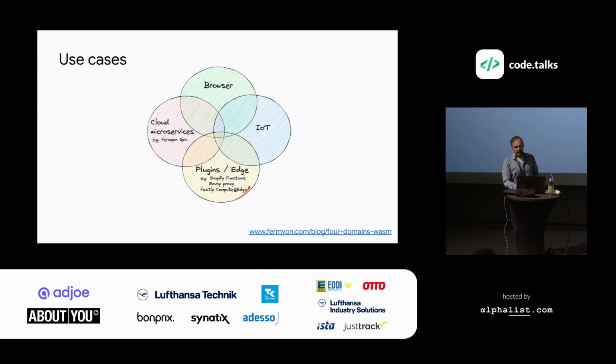Now, the second area that's established at this point is plugins and edge use cases. For example, Shopify has something called Shopify Functions, where you can edit the checkout experience in Shopify, and you do that by creating functions as WebAssembly modules. WebAssembly is a good fit for this because, security-wise, there's the code of the customer, but it's sandboxed in WebAssembly.